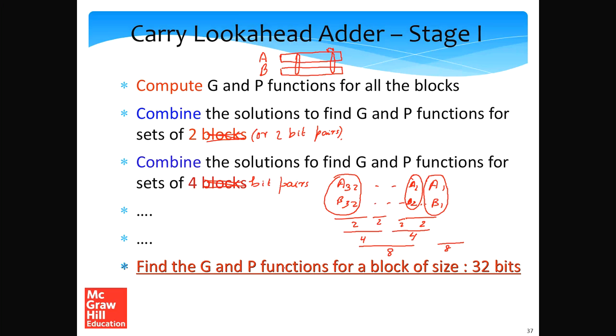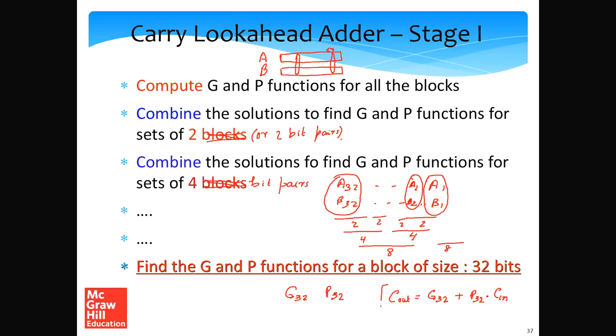So basically at the end of this exercise, what is it that we have? We essentially have G32 and P32. So what is the final carryout? The final carryout of the 32-bit addition is G32 ORed with P32 and the carry in, if there is a carry in, right?